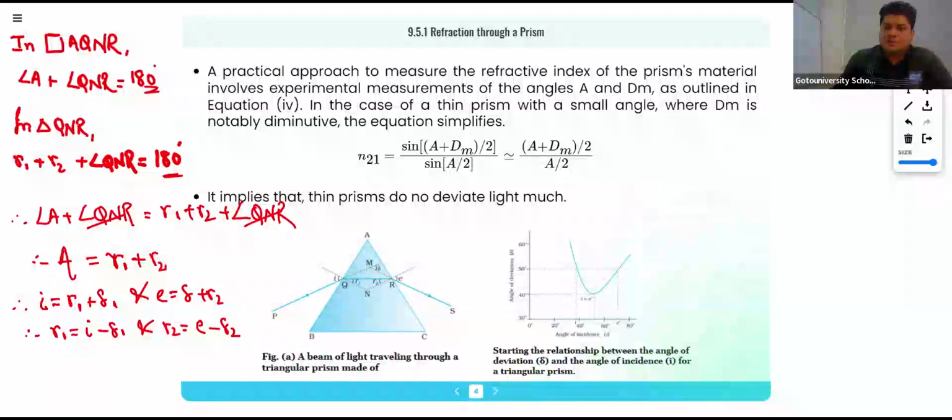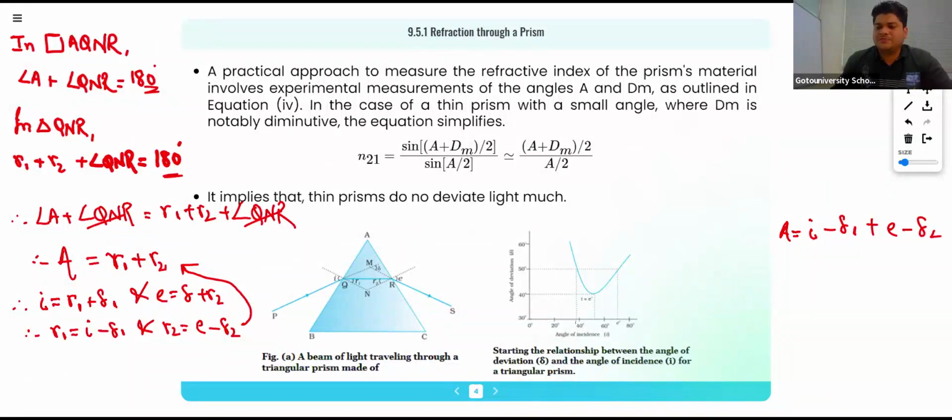So further, I can substitute these values here. You will get A is equal to I minus delta 1 plus E minus delta 2. So this will be equal to I plus E minus delta 1 plus delta 2. What is delta 1 plus delta 2? Yes, it is delta.